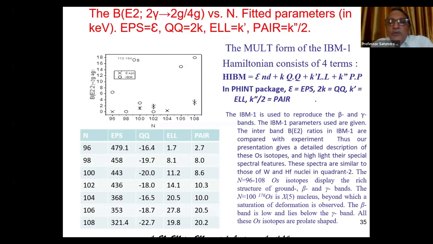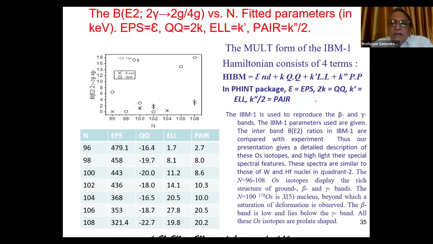The conclusion is that the IBM model is used to reproduce the beta, gamma, and ground bands. The IBM parameters are used and listed here. The interband B(E2) ratios of IBM are compared with the experiment, and the presentation gives a detailed description for these osmium nuclei.